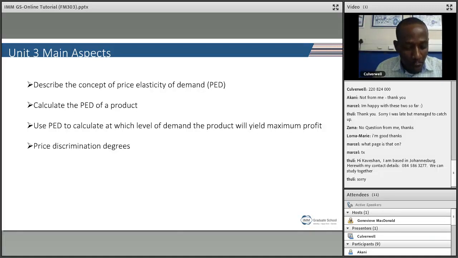So you need to know how to calculate percentage change in quantity demanded. You just say quantity demanded currently minus the proposed or the changed quantity demanded, the one that you're going to be having, over the original. So it's current minus the new over the current multiplied by 100. Get your percentage change in quantity demanded.